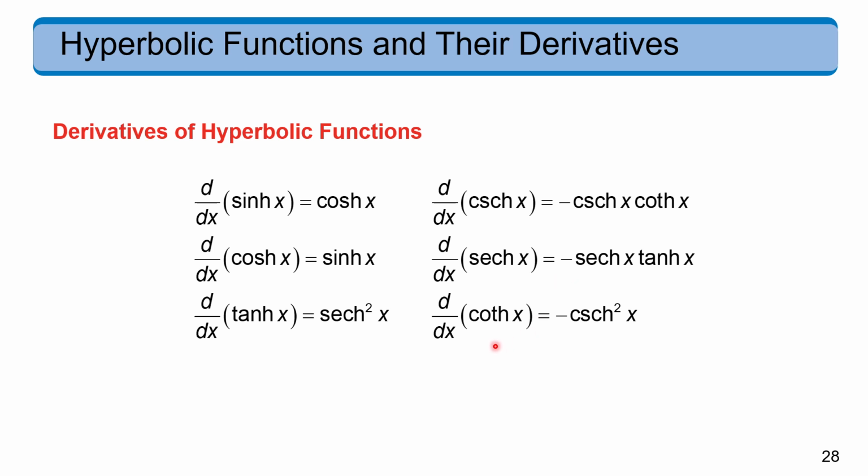And then the derivative of hyperbolic cotangent equals negative hyperbolic cosecant squared. So we're only going to see the proof for one of these, but we'll just assume all these others have been proven and we can use these formulas now.